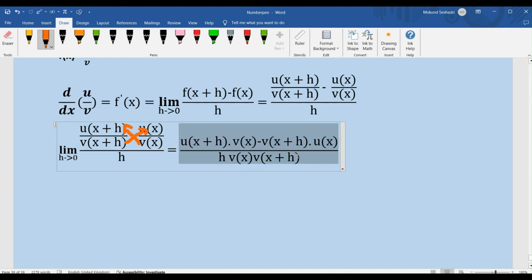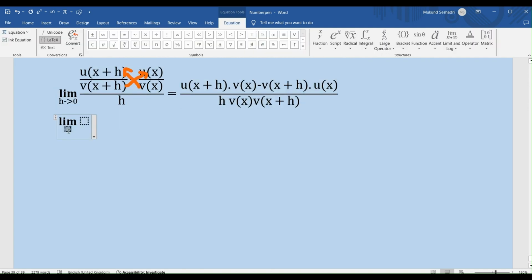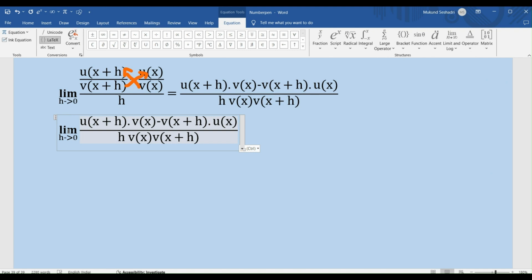So I'm going to rewrite this expression in the next line. Limit h tending to 0 have this, right? And right now my numerator has got a u of x plus h dot v of x minus v of x plus h dot u of x, right?